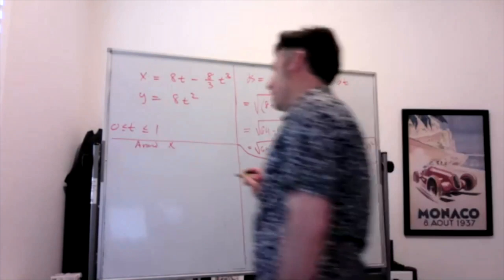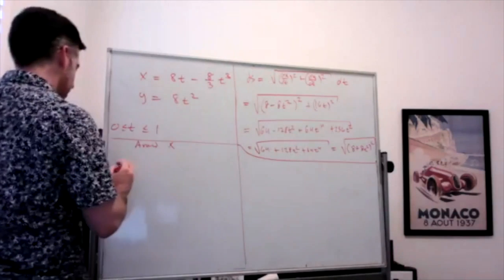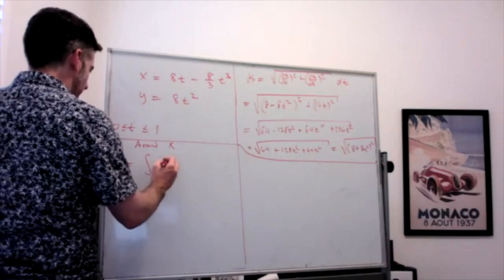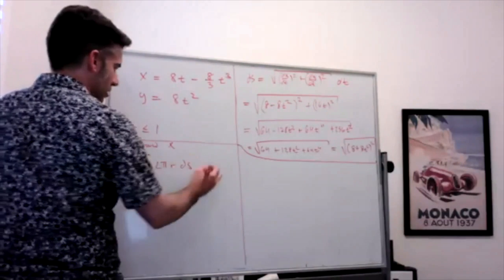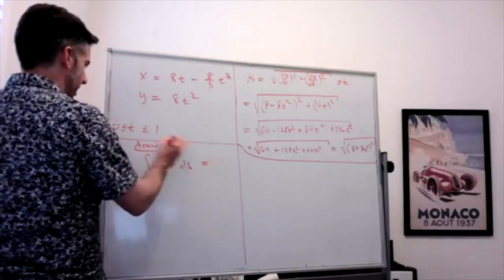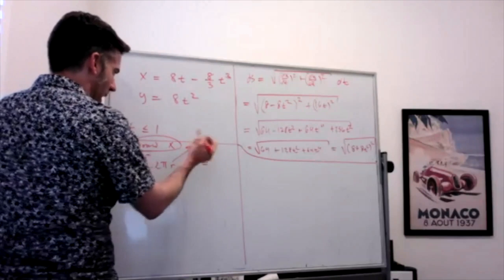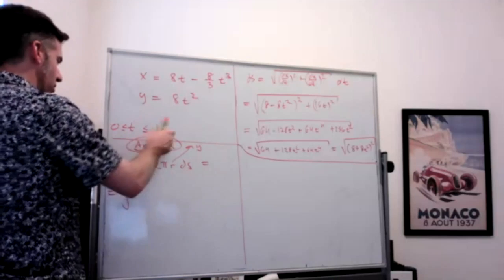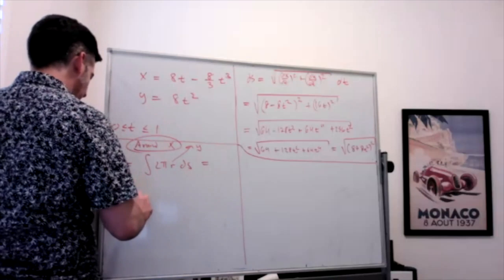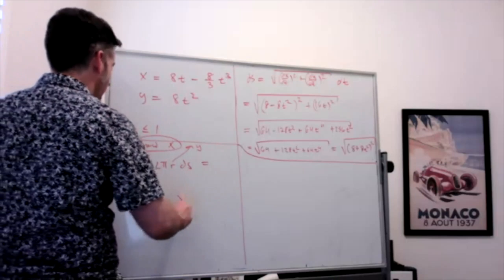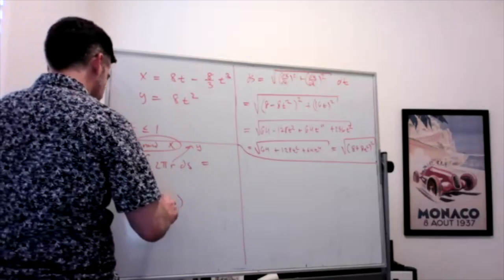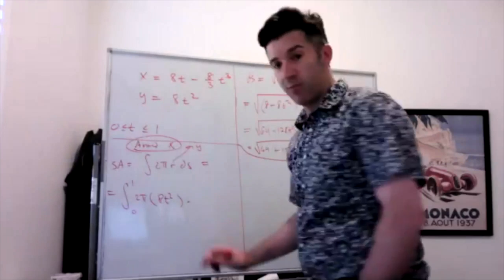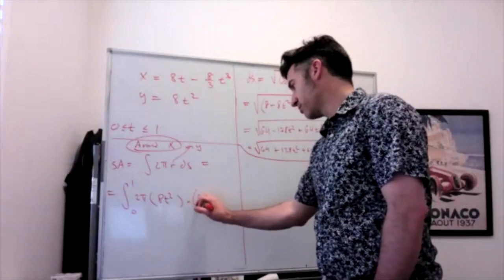Great. So now around the x-axis, the surface area is the integral of 2 pi r ds, which in this case around the x-axis means that r is going to be y. So we're going to get the integral from 0 to 1 of 2 pi times y, which is 8t squared, times ds, which is 8 plus 8t squared.